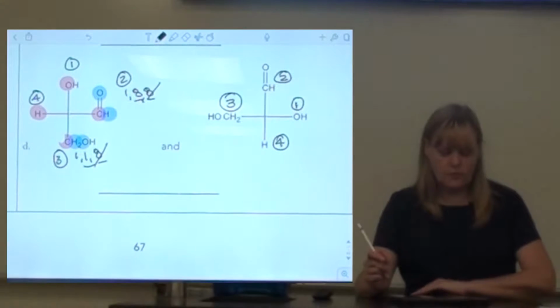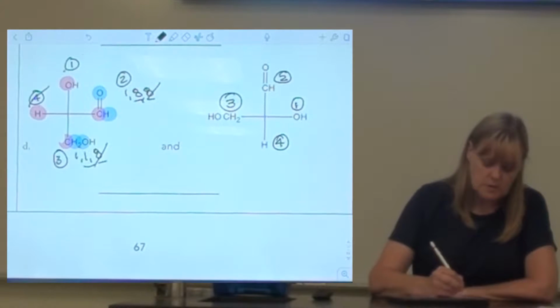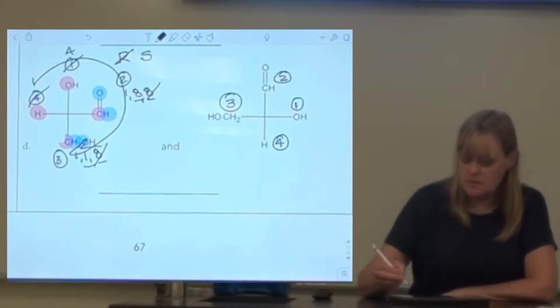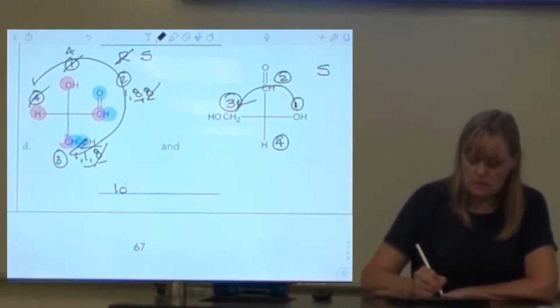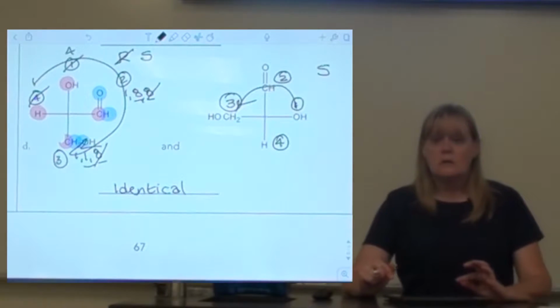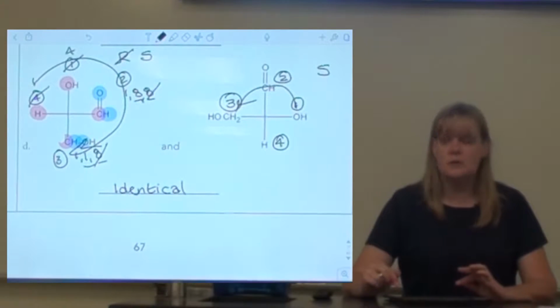You don't want 4 on the horizontal, that's horrible, so I've got to switch it with something. It doesn't matter which vertical one you switch it with. So originally it was S. This is S, so those are identical. Are we in agreement? Any questions about that one?